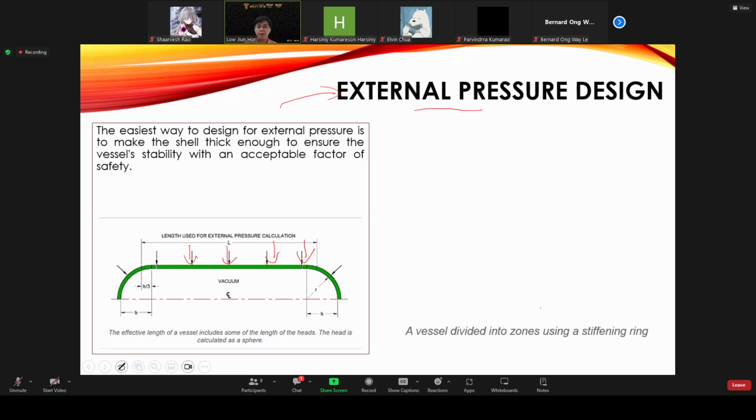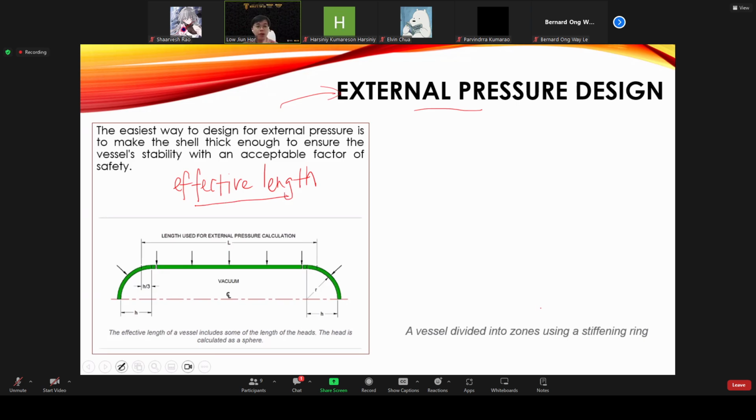Before we proceed, I just want to highlight: when we design the thickness for the pressure vessel to withstand the external pressure, we need to consider the effective length of the pressure vessel. What is effective length?